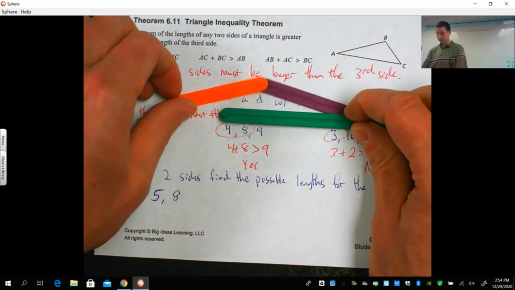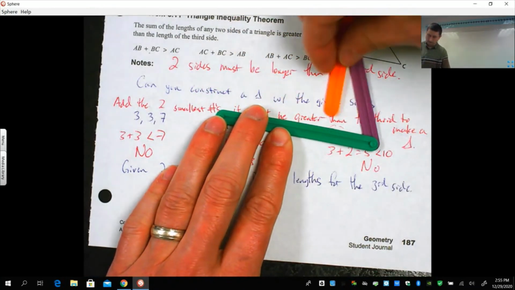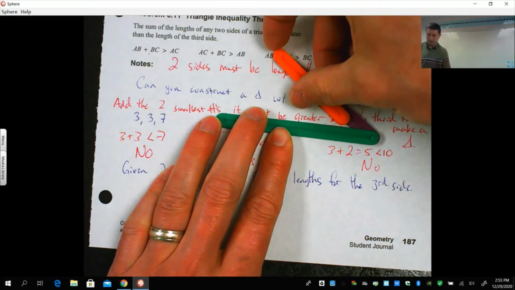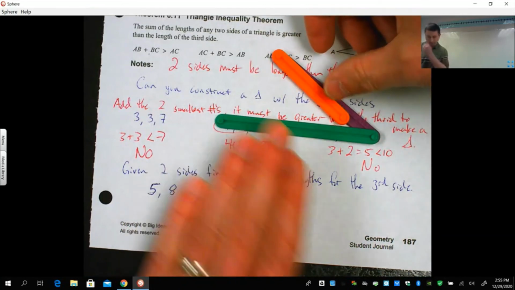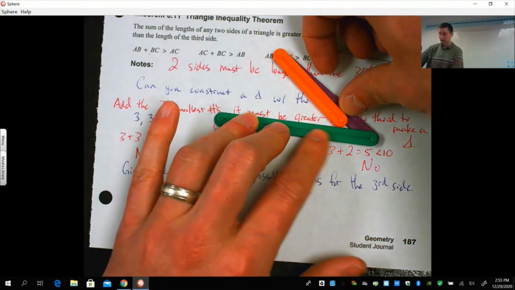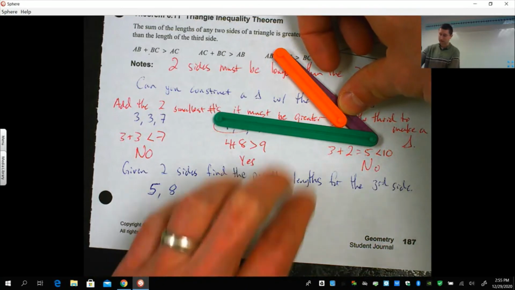Now if I put it this way, notice there's a really tiny triangle there. That's almost the difference. So if I take 8 minus 5, the other side has to be bigger than 3. It can't be a 1. Because if I have a 1 and a 5, 1 plus 5 is only 6. That's not bigger than 8.